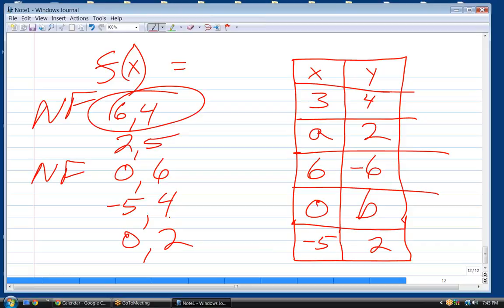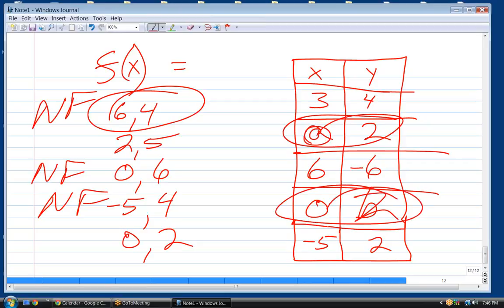What about minus 5 and 4? No. And 0 and 2? No, that's still a function. In other words, if I put 0 in there and 2 in there, then this point is the same, so I'm not violating any vertical line. I still only have one value for y when x is 0. So the last one doesn't violate, only those three.